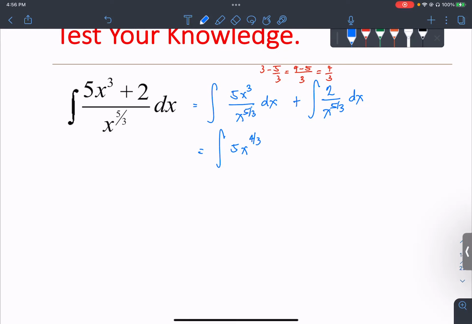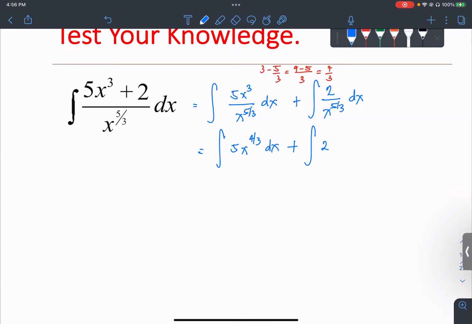Okay, that's a 3 minus 5 over 3. So take the LCD, which is 3. So 3 times 3 is 9. And then 3 divides 3 is 1 times 5, negative 5. So 9 minus 5 is 4 over 3. Then dx, then plus integral of 2. So usually, pag nasa baba yan, what are we going to do with the x raised to 5 over 3?